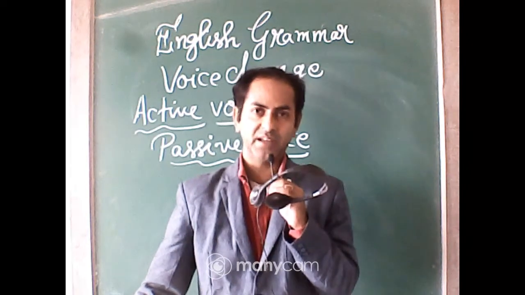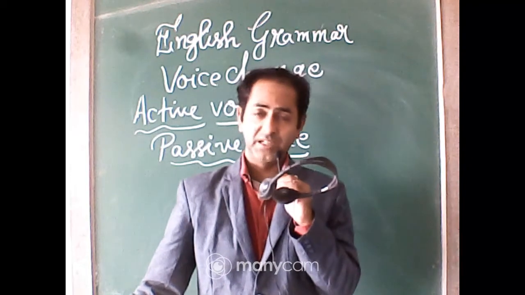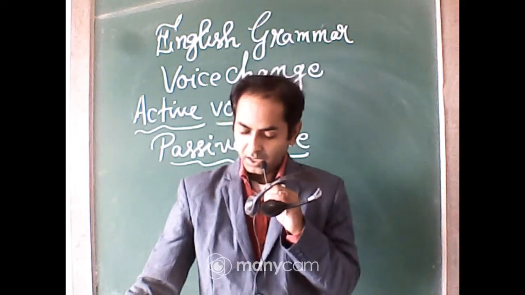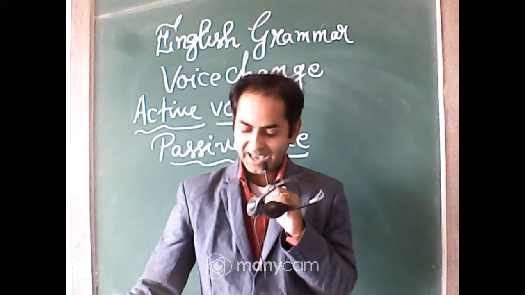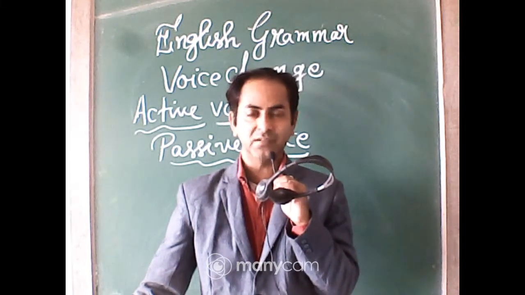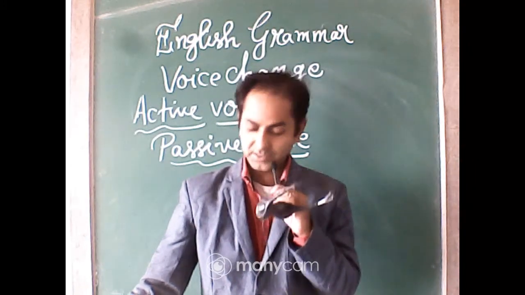That's why it is very important that we know the definition of transitive verb. Now exercise A: read the following sentences and tick the correct options to state whether they are in the active or passive voice. This is your homework. You will complete this, and in one of our offline videos we will discuss all these answers.